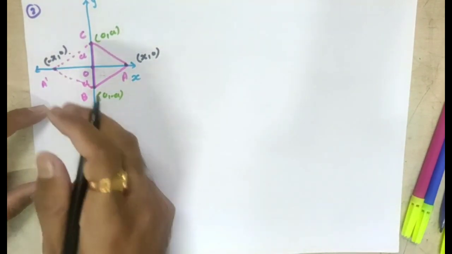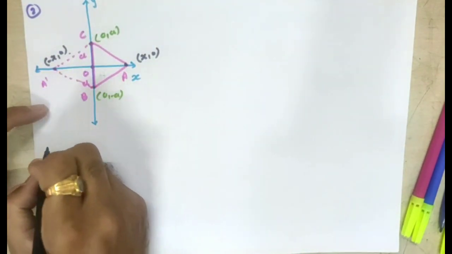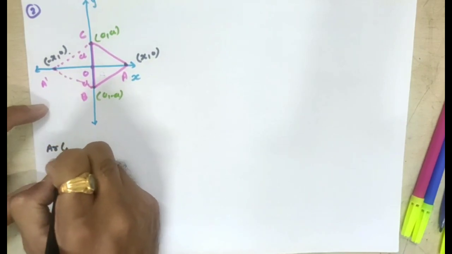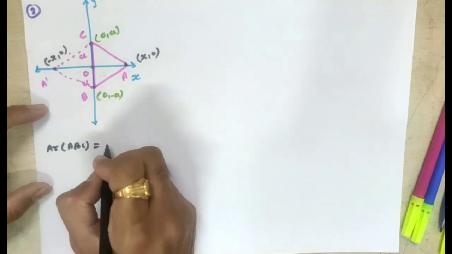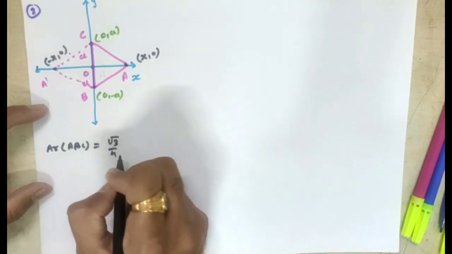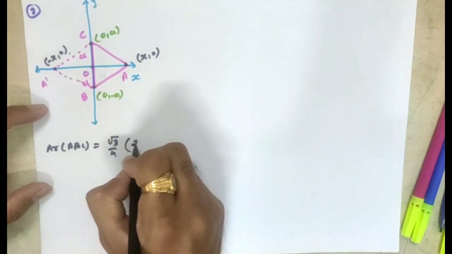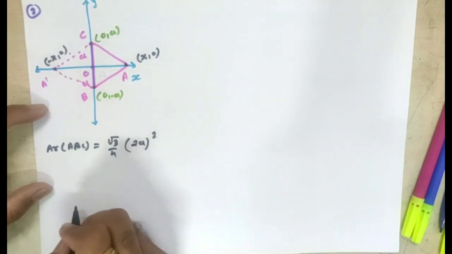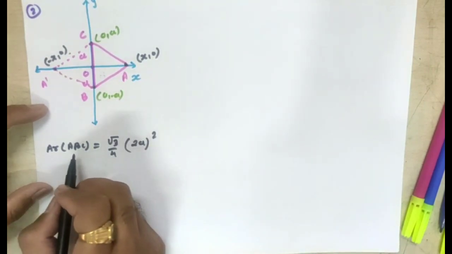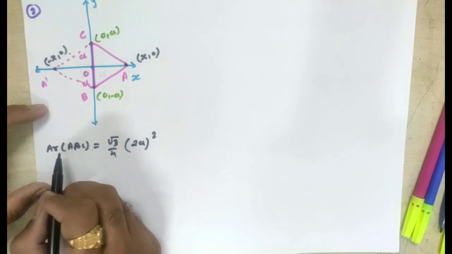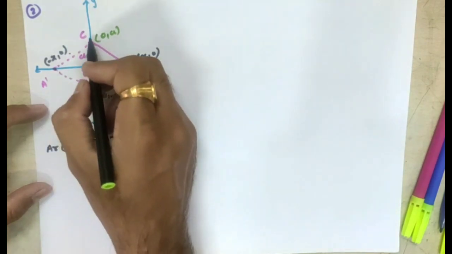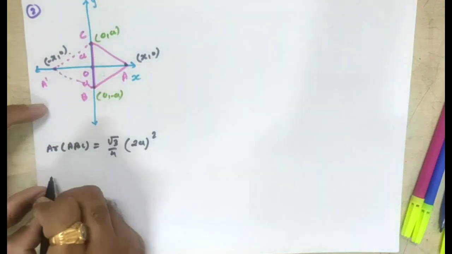Here triangle ABC is an equilateral triangle. So the area of triangle ABC, which is equilateral, has a formula: root 3 by 4 times side squared, and the measure of each side of the equilateral triangle is 2a, as given. Also we can write the area of triangle ABC as 1 by 2 base into height.